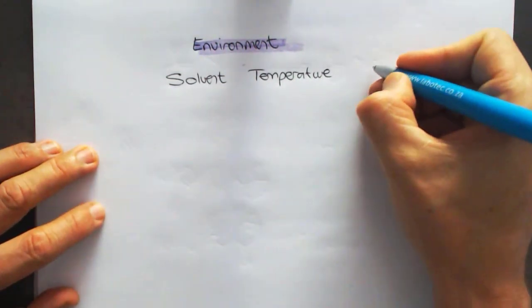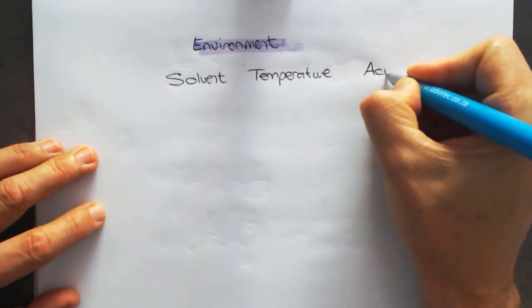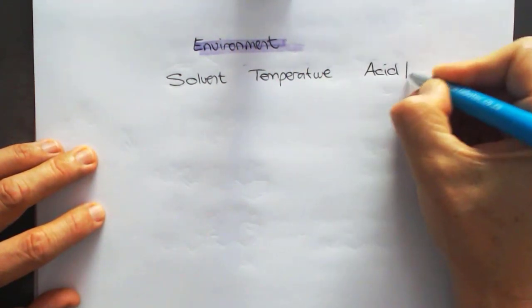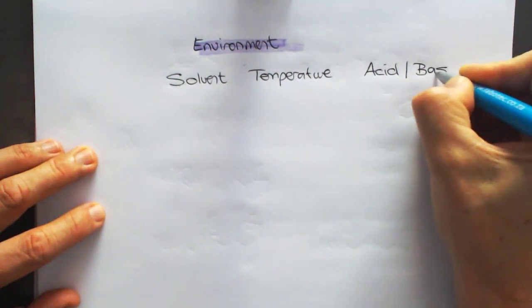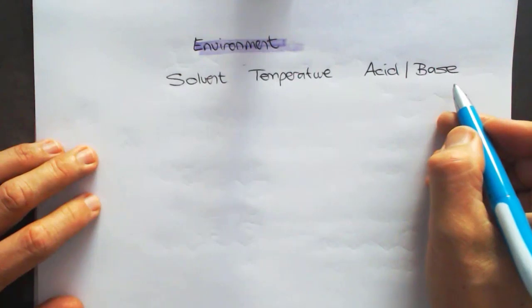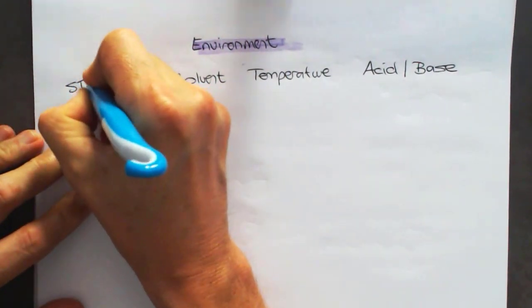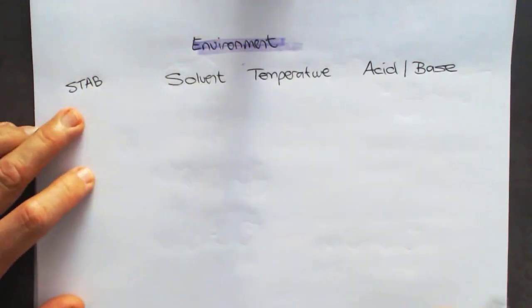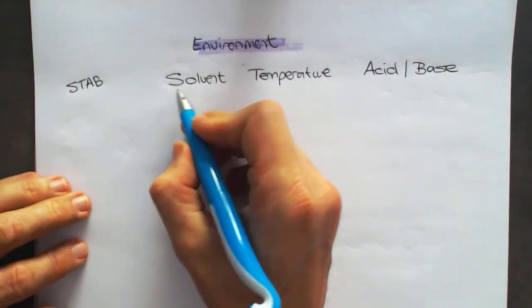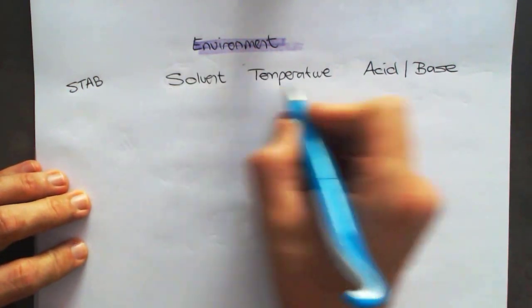And then the last two things that I like to consider are whether we're doing this reaction in acid or base. And that can help us. So this is another acronym. The acronym will be STAB, S-T-A-B. So take a stab at this. Might be better than stabbing someone.